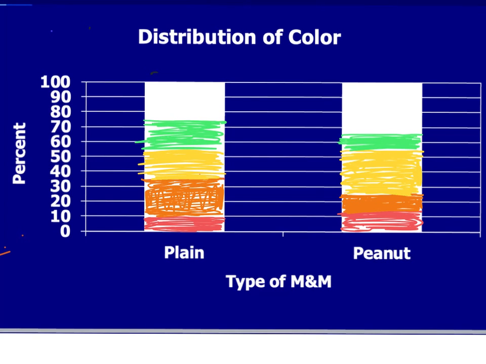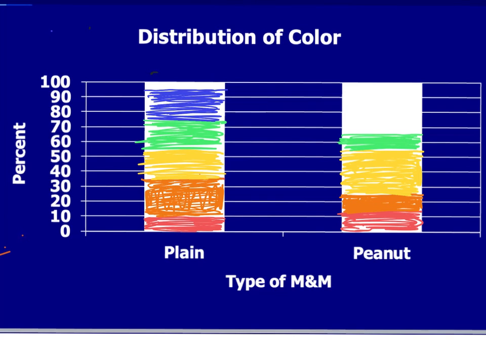We're at 74. Yeah, 74 plus 23, 97-ish. And then that last 4% is the brown.